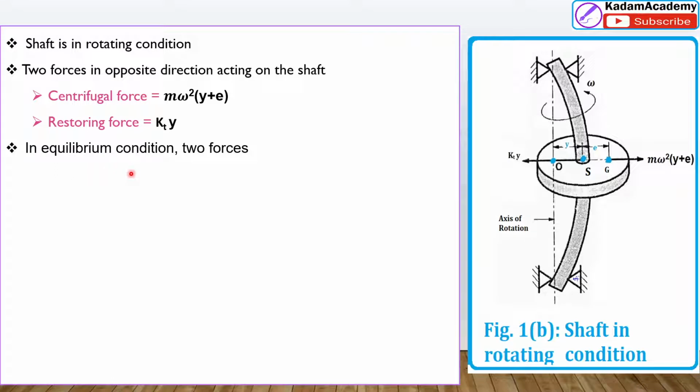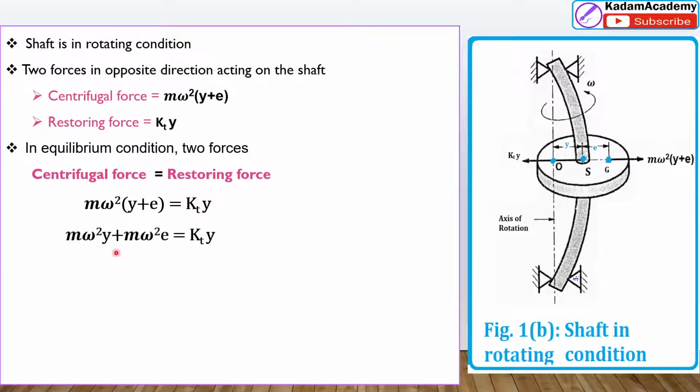In equilibrium condition, what will happen? These two forces are equal. When they are equal, there will be equilibrium condition. So we write m omega square (y plus e) equals kt y. We have to find out this value of deflection y.